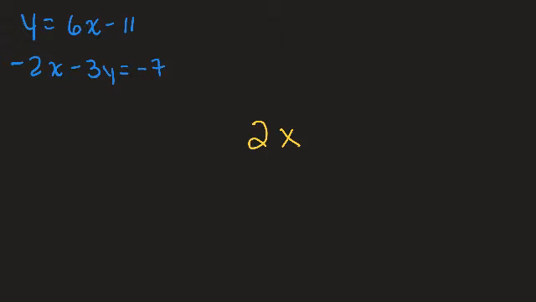It means 2 multiplied times whatever this value of x is. If x is 1, then the answer is 2. If x is 2, the answer is 4. When you see a coefficient in front of a variable, it means you need to multiply.